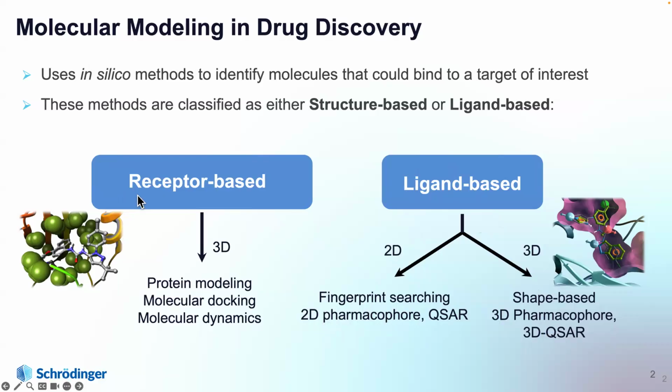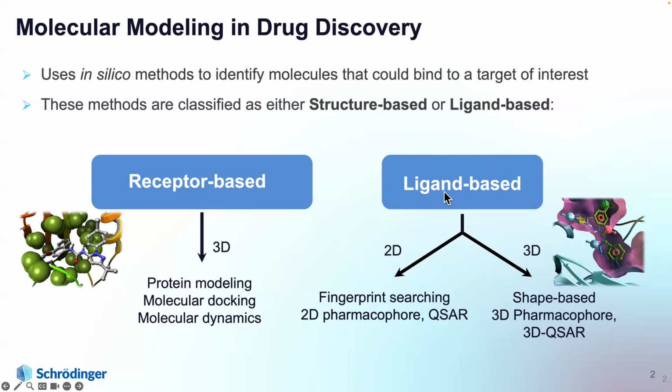If you know the receptor structure, you go for the receptor-based approaches, molecular docking, molecular dynamics, and they give more information because you know which residues are interacting and what kind of interaction it is making. All those detailed information you can get from receptor-based approaches.